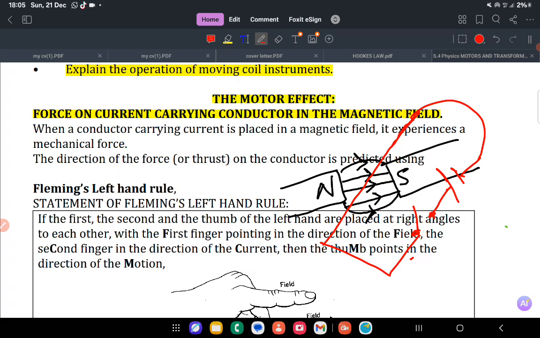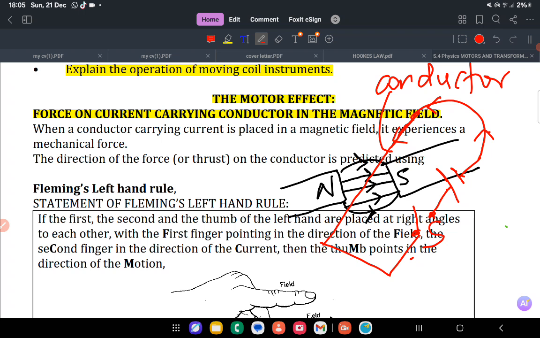So when the switch is closed, for sure current is going to flow through the conductor. It is this conductor which is placed in the magnetic field.